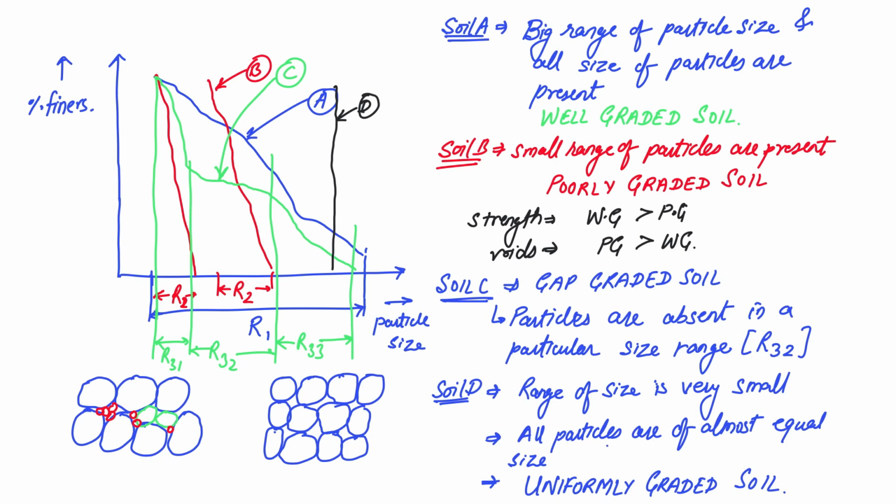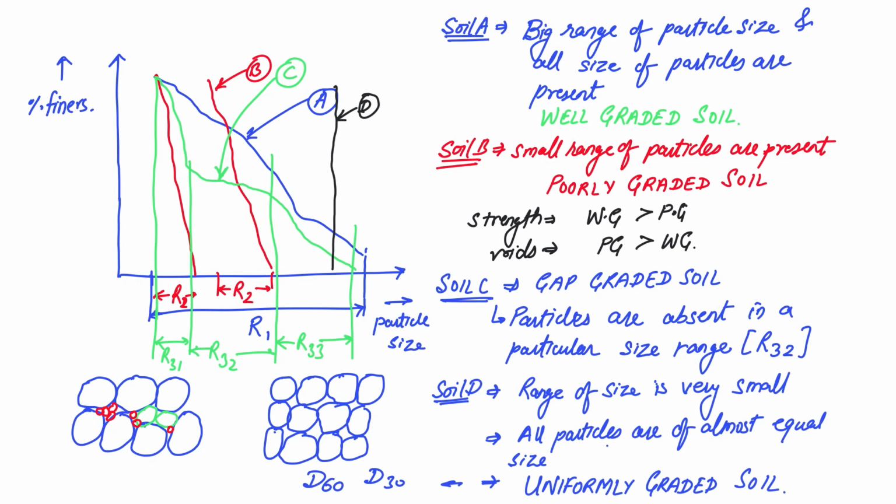And let us suppose I ask you, for uniformly graded soil, can D60 and D30 be equal? Yes sir. If the soil is 100% uniform, that means let us suppose you have taken a set of balls. All balls are of equal size.